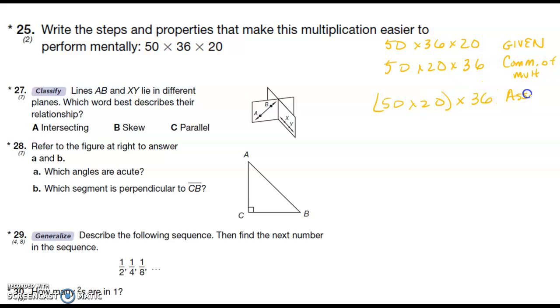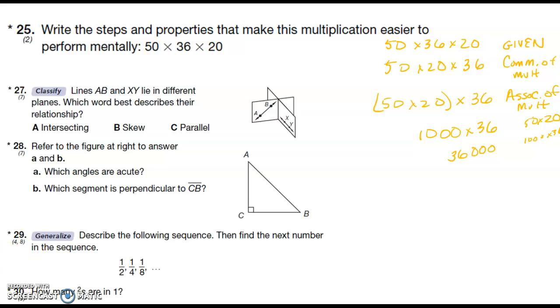So when I put parentheses in, that's associative. And then I'm going to multiply 50 times 20. So 5 times 2 is 10, and I have 2 zeros. So here I just did 50 times 20, and then that's 36 with 3 zeros, and I did 1,000 times 36. So that's what they're looking for.